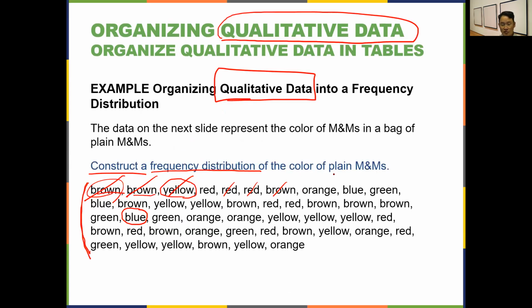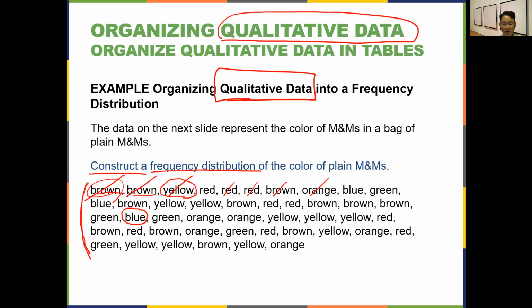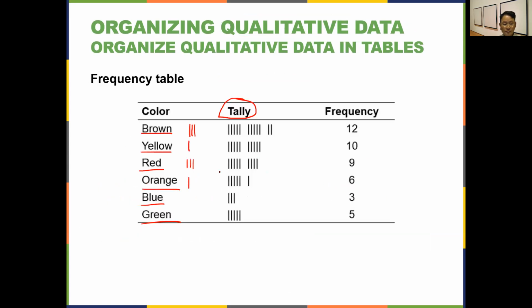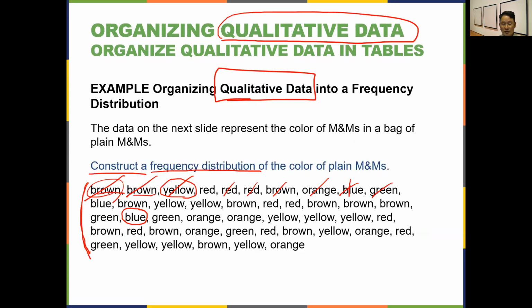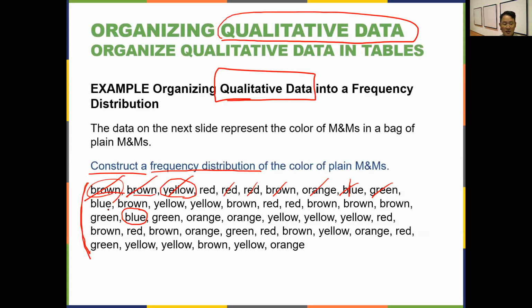It's a good idea to cross out, because that way you don't make mistakes. The next one is orange. And blue, right? Blue. Green. Blue.